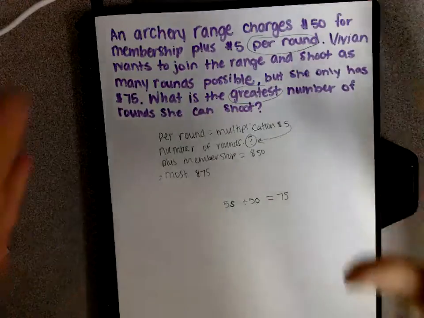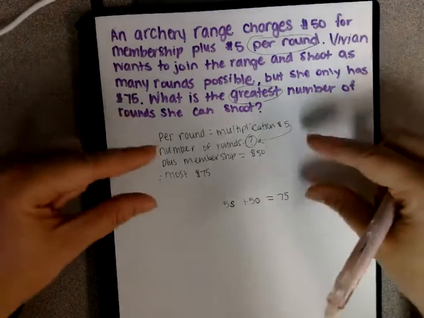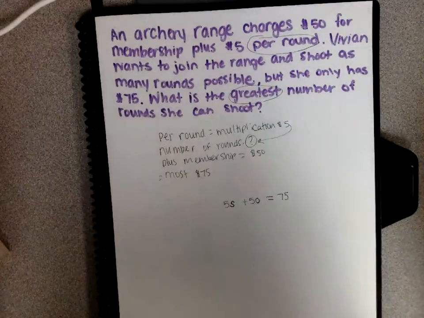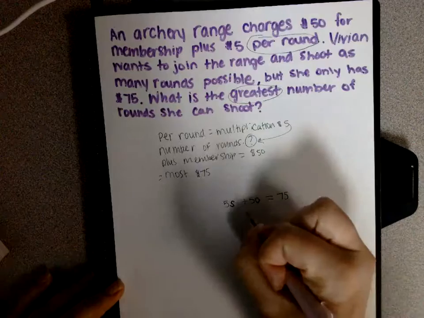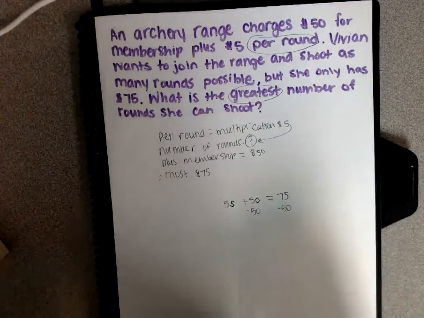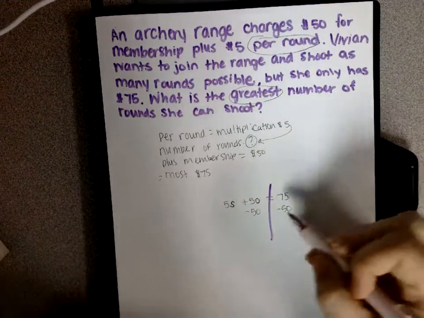Now that I have it broken down from this word problem and I've synthesized it, I can now solve this. This doesn't look as scary anymore. I know that I need to do inverse operations from one side to the next.